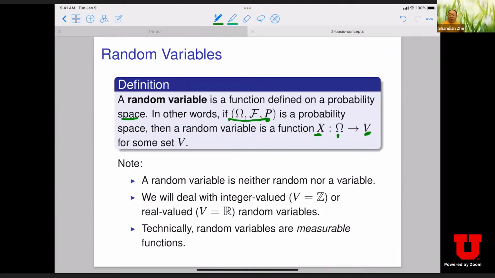But in the most commonly used case, V will be chosen as a real domain, a real value domain or real vector domain. But in general, V can be any other set.